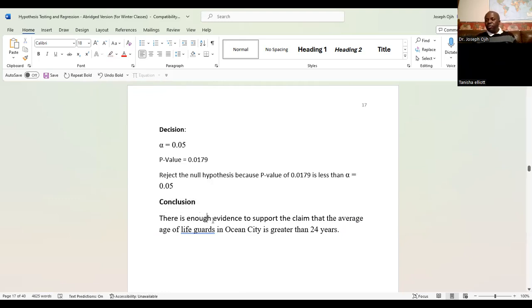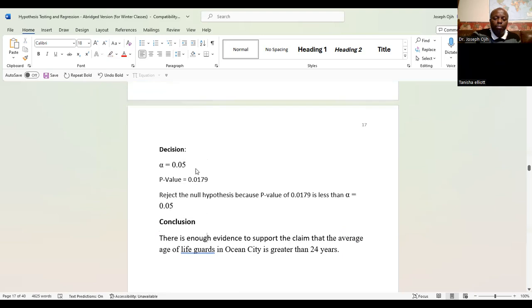In this case, we rejected the null hypothesis, which makes the claim correct. Now that's how you do the p-value method.